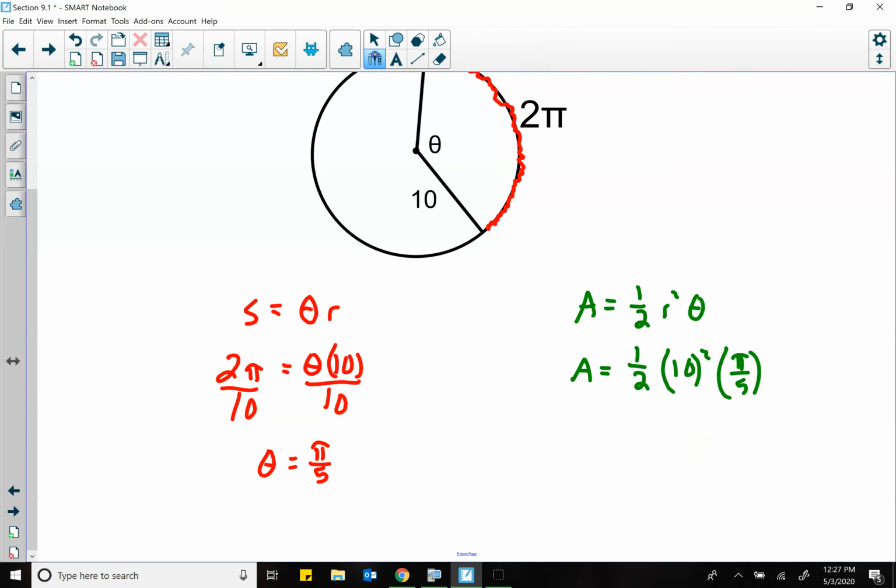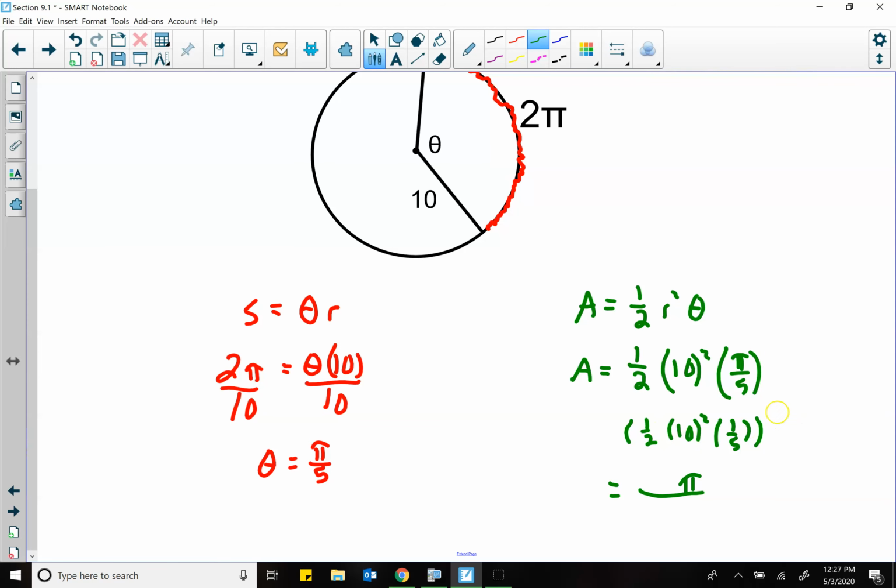This is 1/2 times 10 squared times 1/5. And I would put that into my calculator, and in the end answer, I would have pi in the numerator. So if you're going for an exact answer, you just leave pi alone. Let it be in the numerator, and just multiply all of your fractions.